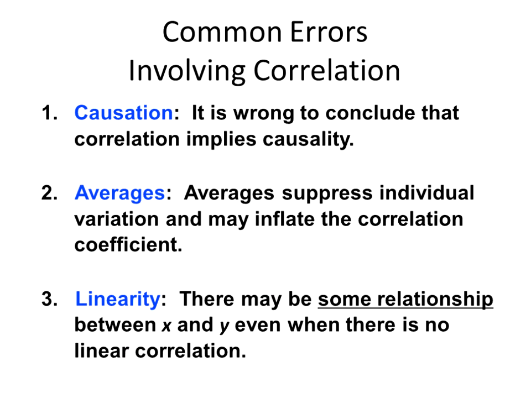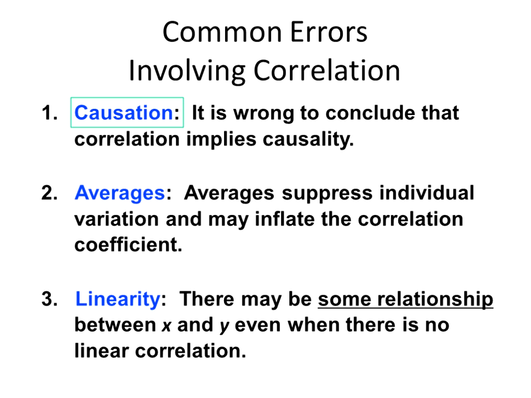All right, so here are some common errors that we run into when we're working with correlation. The first one is causation. So when we see that there's a linear correlation between two variables, that's all it means, that there is a linear correlation between the two variables.